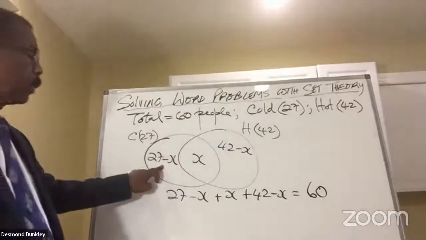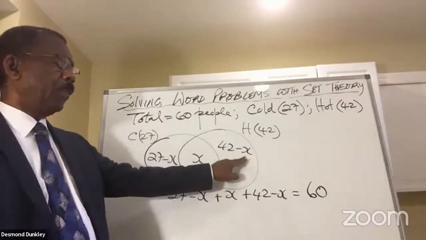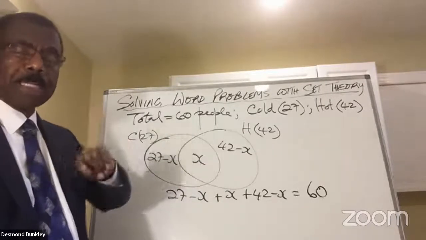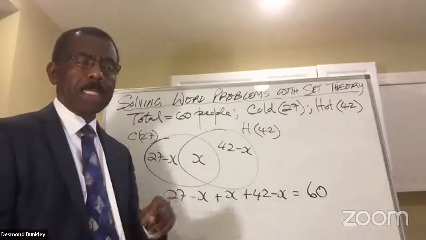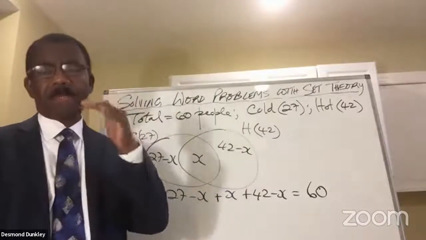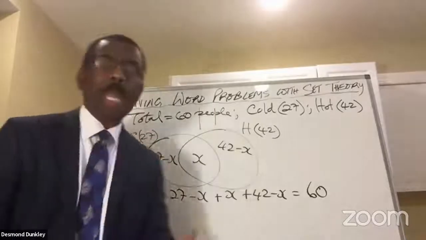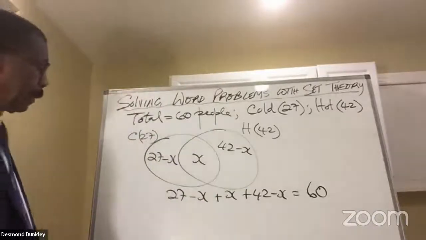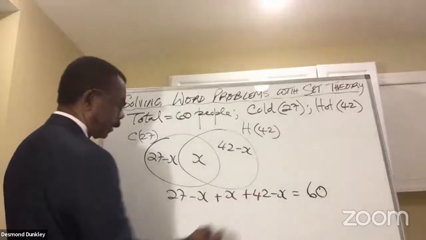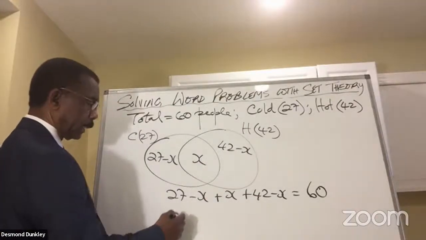This area is cold only, this area is hot only, this area is hot and cold. And we were told that every student liked at least the hot or the cold. They could like both. Okay? How does it simplify? 27 plus 42 gives me 69.